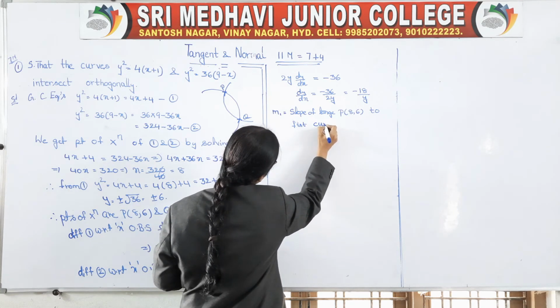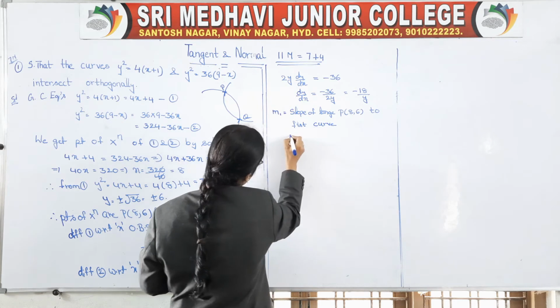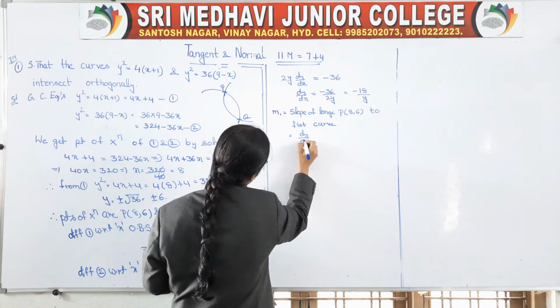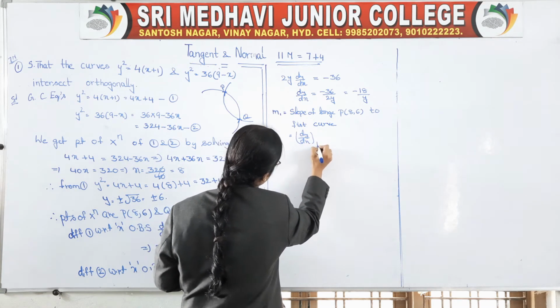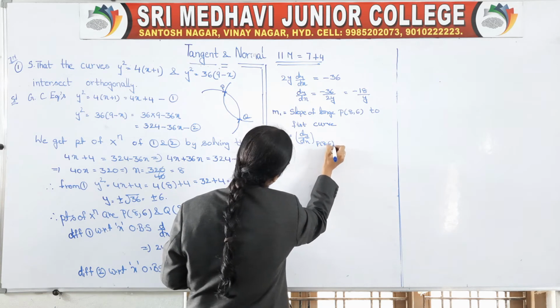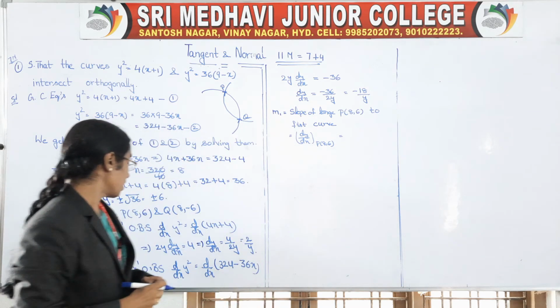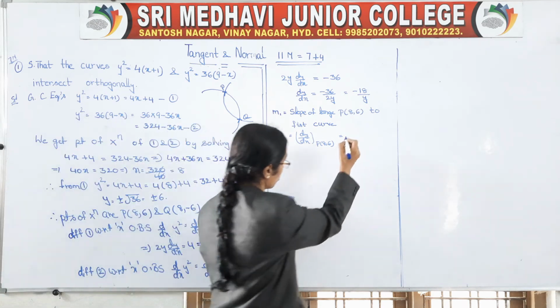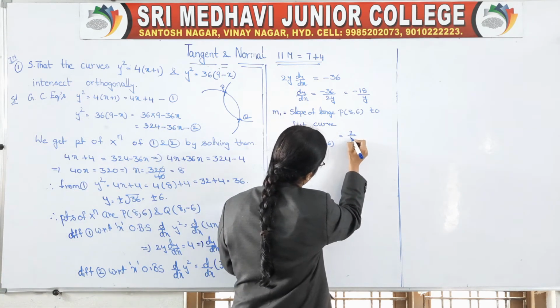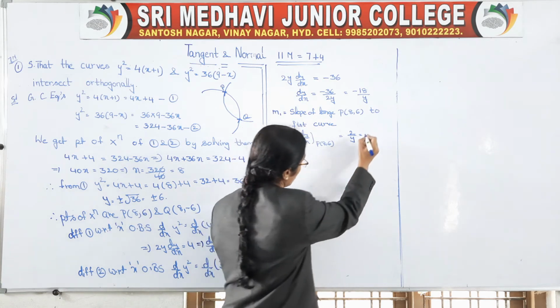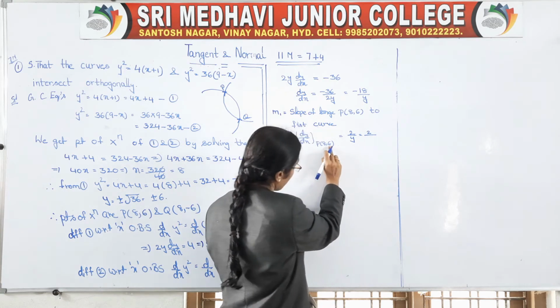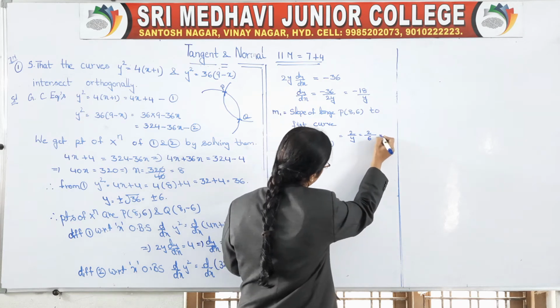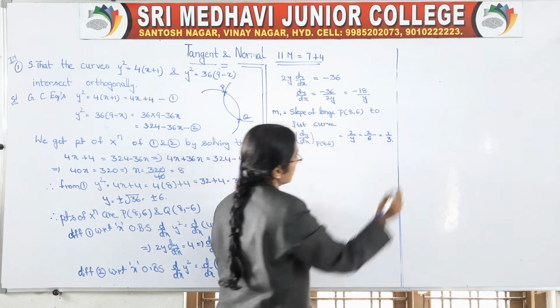So it is nothing but dy by dx at the point P 8 comma 6 to the first curve. The first curve's dy by dx is 2 by y. So it is 2 by y, and the y value is 6, so it is 1 by 3.